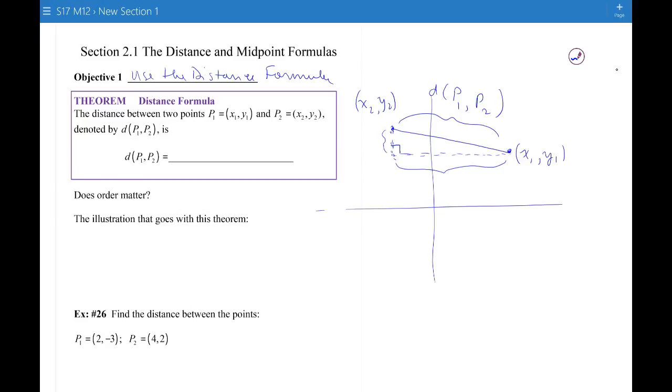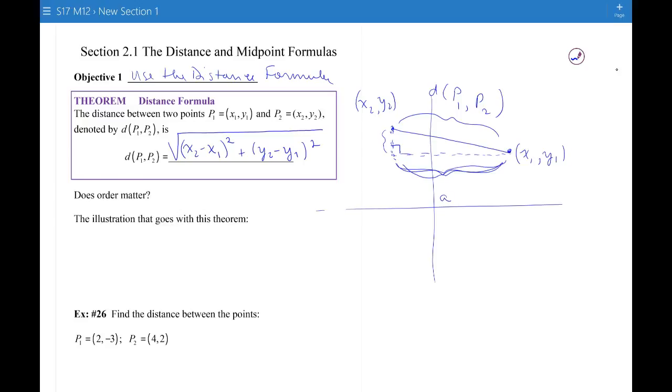So the formula is, if I want to find this horizontal distance, it is x sub 2 minus x sub 1, or the other way around. As long as you're squaring, the order of the subtraction doesn't matter. And then it's plus y2 minus y1, quantity squared, the square root of all that. So it's basically the Pythagorean theorem.